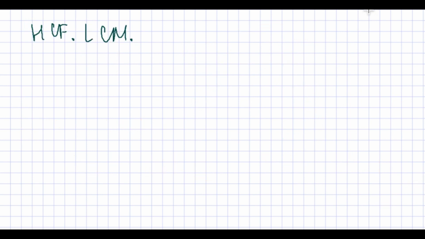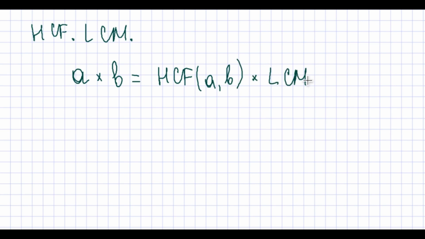Okay, and then lastly I want to say that there is a formula: A times B is the product of HCF of A and B and LCM of A and B. Let us investigate this formula.